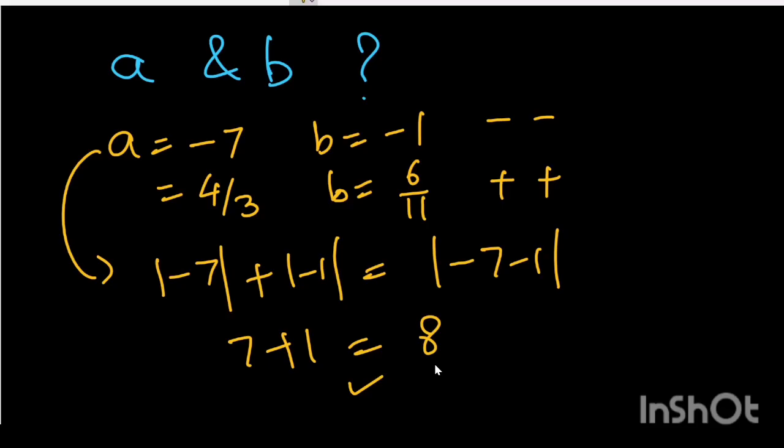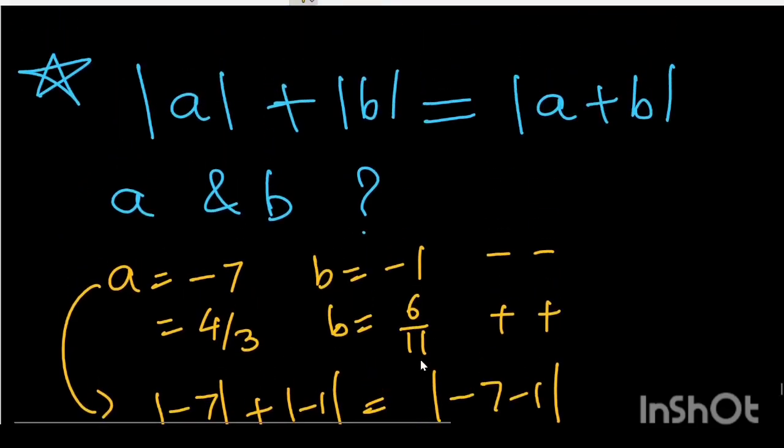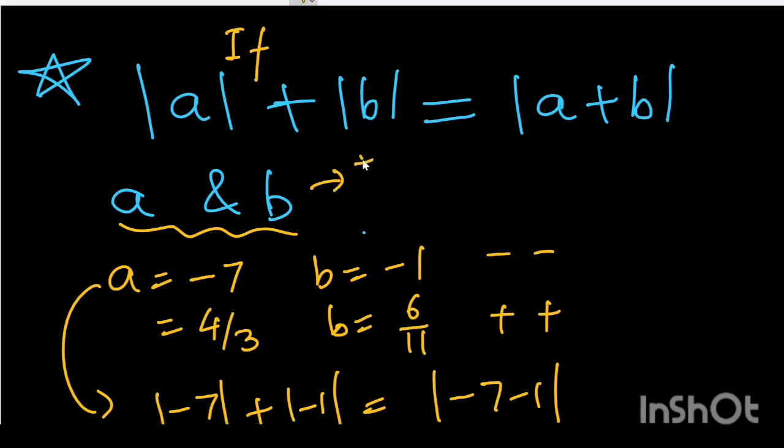This is satisfying. So what can we conclude from this, that if |a| + |b| is equal to |a + b|, what do you think a and b should be? Guys, we can say that a and b are either both positive or both negative, or collectively these two can be written as ab ≥ 0.